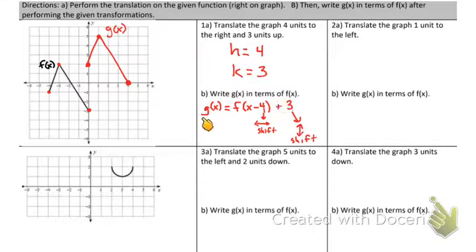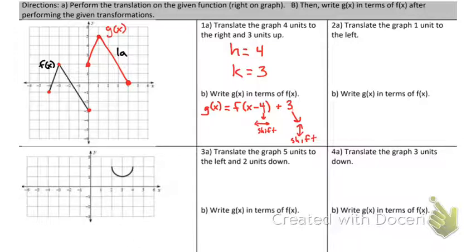So this would be my equation for example B. All right, so just so we can get this going, this is the answer for 1A here. Because we have, using the same graph, an answer for 2A. So let's do 2A really quick.